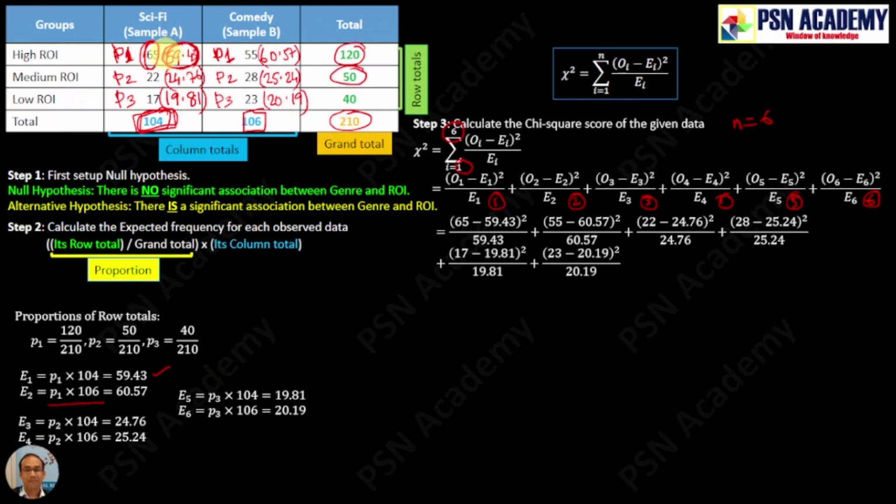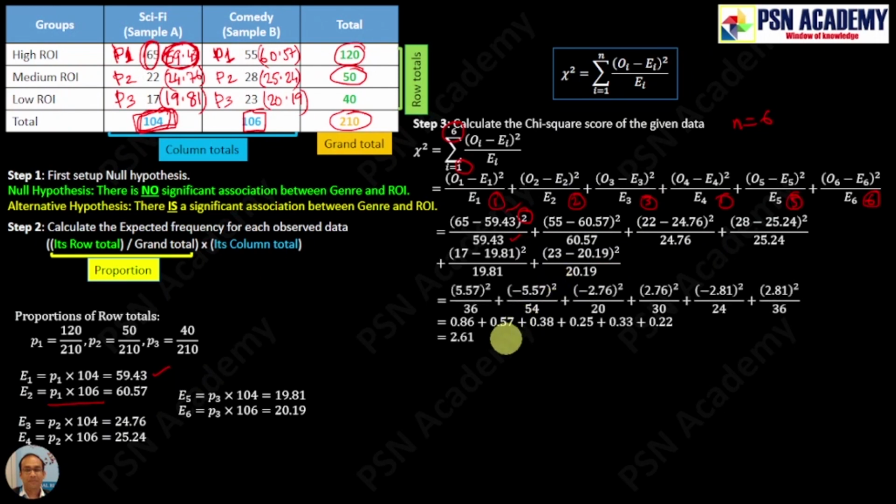You square it, and then you divide it by E1, that is 59.43. Similarly, you go for the other 5 terms, and if you go for the computation, you will get the value as 2.61. So this is your chi-square score.